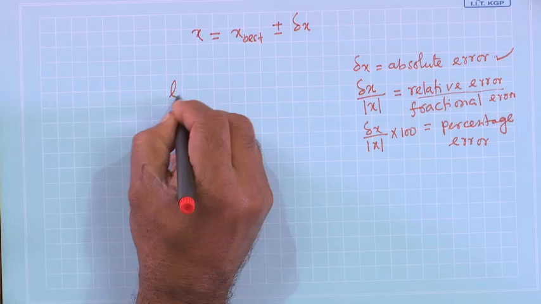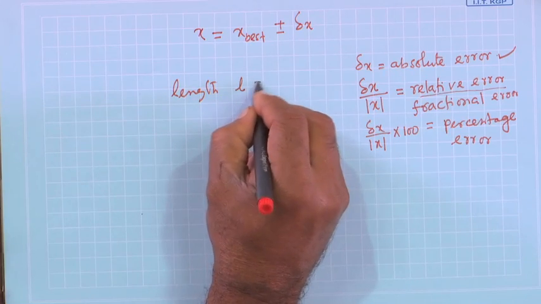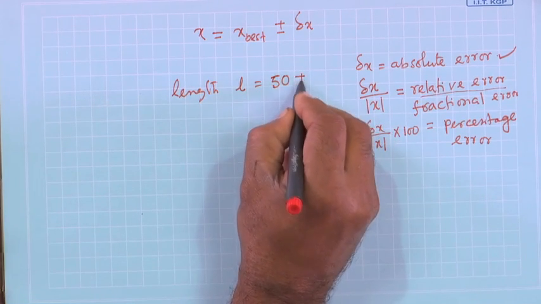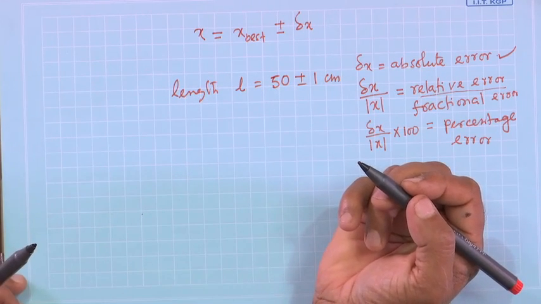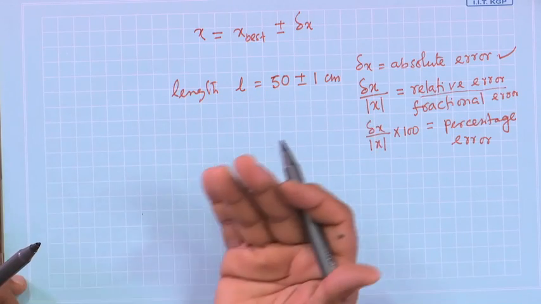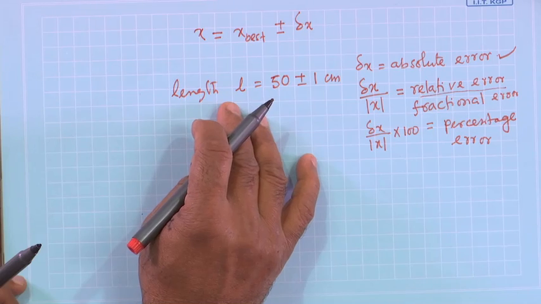So if you measure a length L, say 50 plus minus 1 centimeter, this is how we write it, but we can also write it in another way, with percentage error.